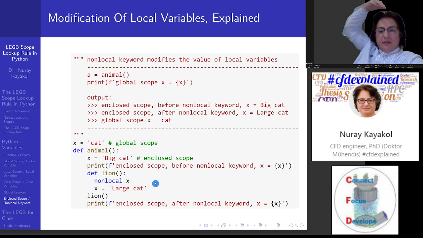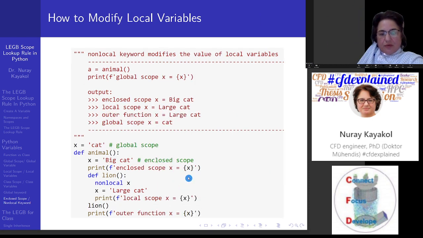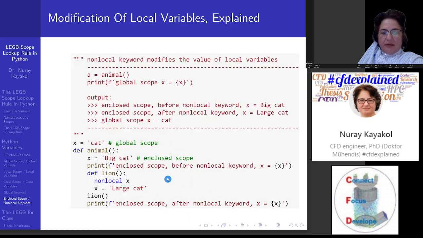Maybe if you get confused with this, you can print before the nonlocal keyword and then after the nonlocal keyword. It is actually the same piece of code, but you will understand how the nonlocal keyword changes the value of the local variable inside these nested functions.